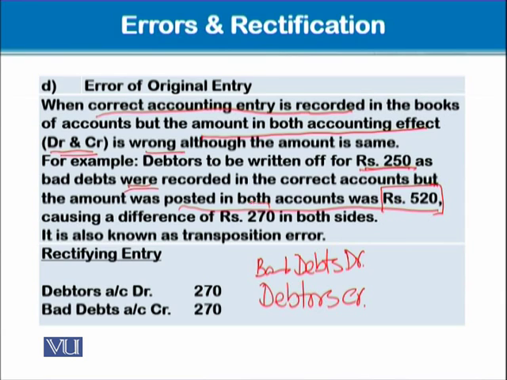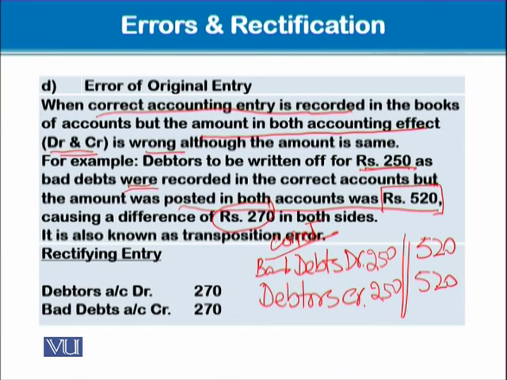It is causing a difference of 270 on both sides. The correct entry was to debit with 250 and credit with 250. But what wrong did we do? We debited this with 520 and credited with 520.